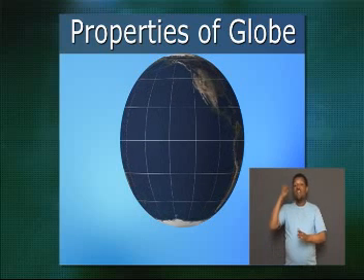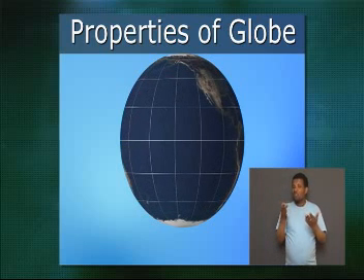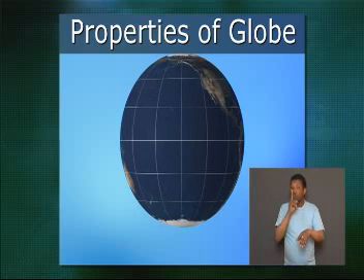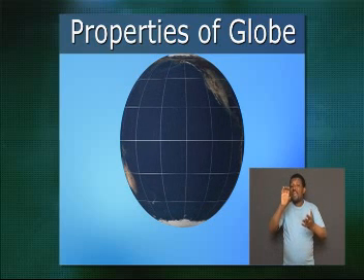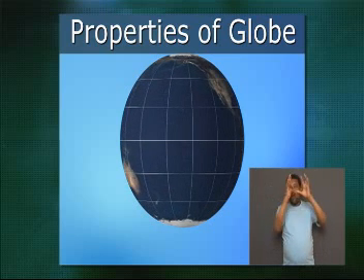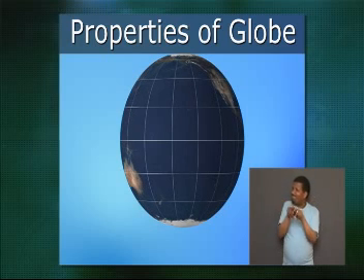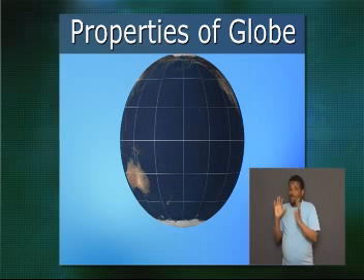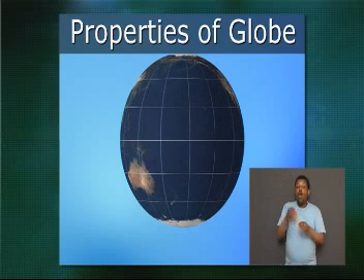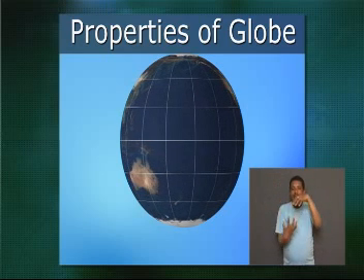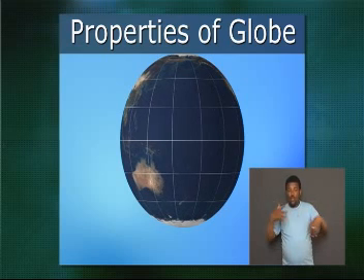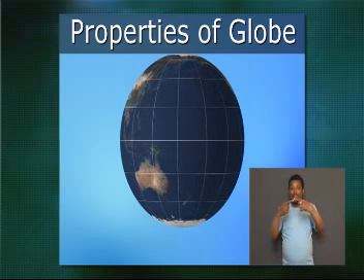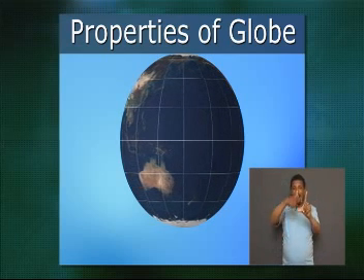Another property worth mentioning is the fact that the scale on the surface of a globe is identical all over its surface. In addition, all meridians and latitudes on a globe intersect at right angles.